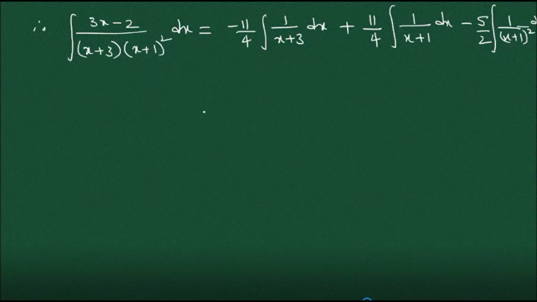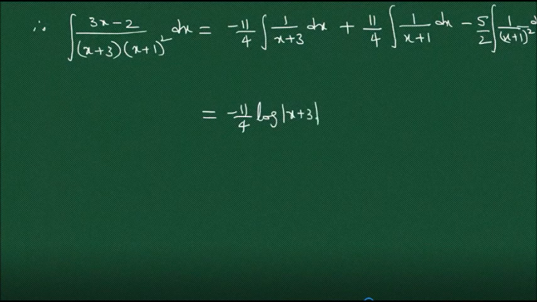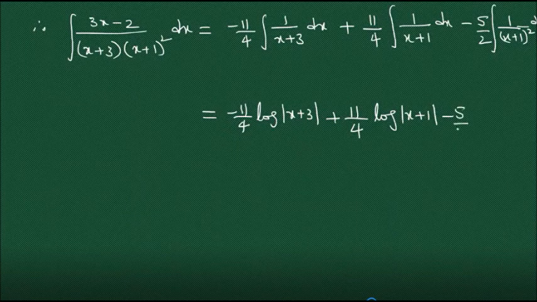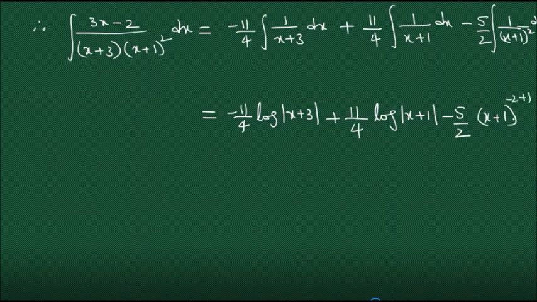Now, minus 11 by 4 log (x plus 3) plus 11 by 4 log (x plus 1) minus 5 by 2 times this one, 1 by (x plus 1) square, which can be written as (x plus 1) to the power of minus 2. Integrating gives (x plus 1) to the power of minus 2 plus 1 by minus 2 plus 1.